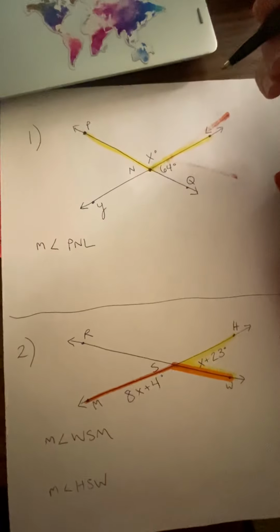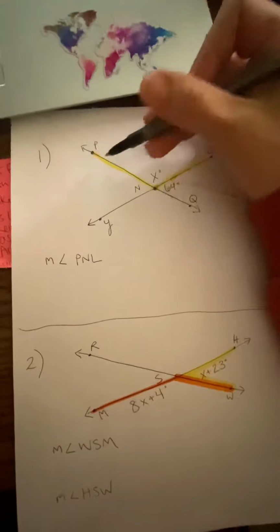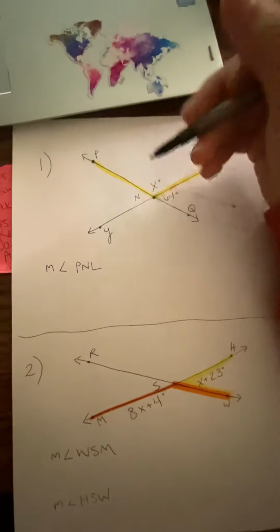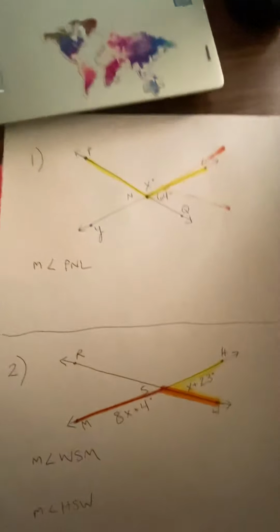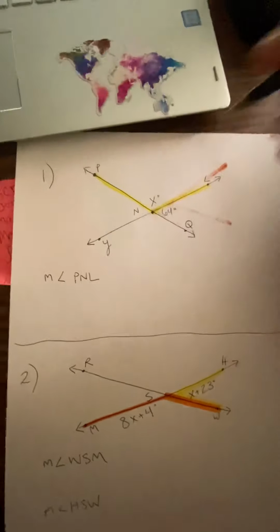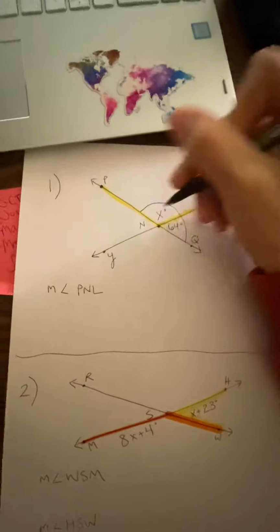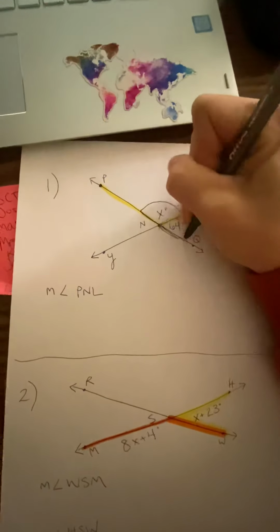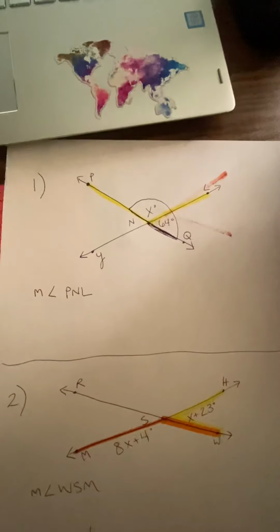In your first angle pair, they're asking you for angle PNL, which I've highlighted in yellow here. P, N is this point, and L means that we're looking at this angle. Angle PNL forms a 180 degree angle with this 64 degree angle right here, LNQ.